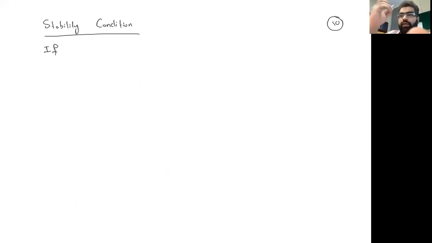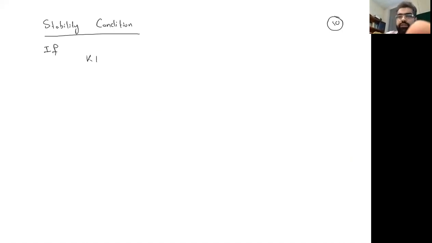Condition of stability. So for the stability condition, now what is it applied on? The loop gain. That's something important.